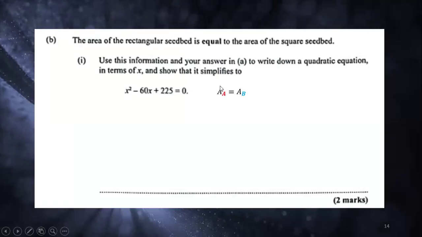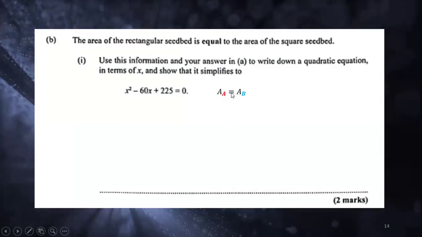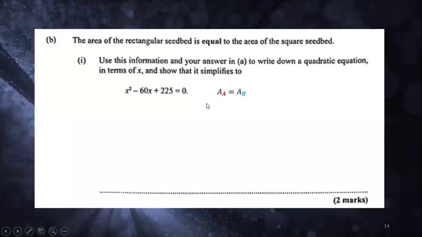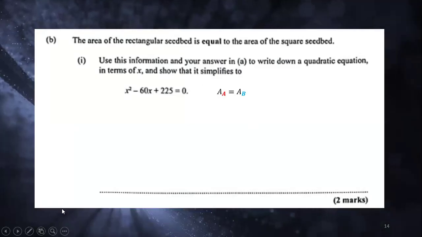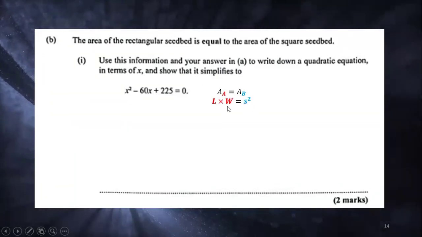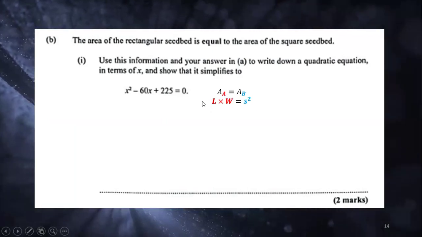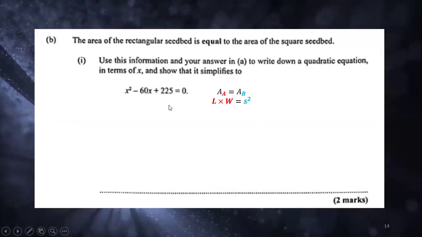So the area of the rectangular seedbed is equal to the area of the square seedbed. Again, this is a great idea for an SBA. So L by W, which is the area of a rectangle, is going to be equal to the area of the square. What is L by W?